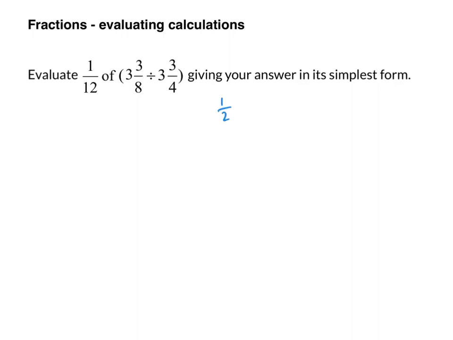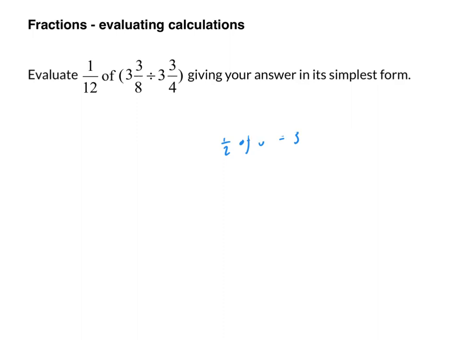If you think of this, a half times 6, we can think of that as 6 lots of 1/2. That is 3. If I rewrite that as a half of 6, well, a half of 6 is also 3. So the word of essentially means multiplication.